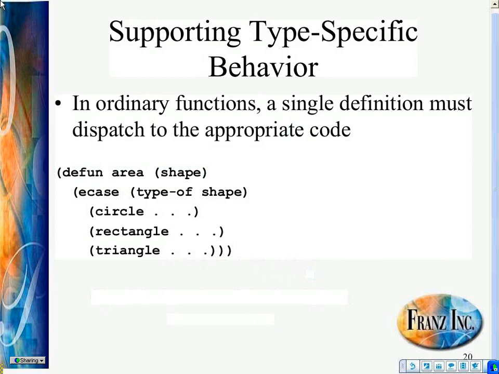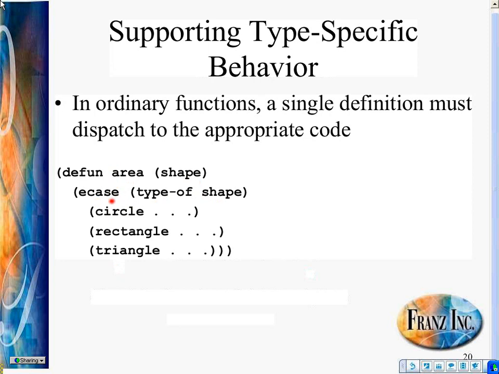If you were going to dispatch code on the value of the argument in an ordinary function, you'd have to write some kind of conditional which would study the argument and figure out how to do the dispatching. So here we have a function called area.